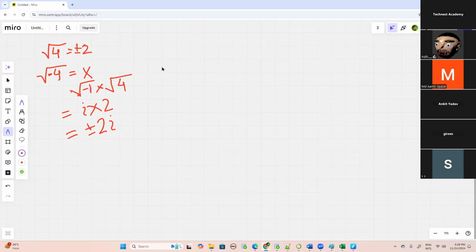Why is this i? Because actually root of -1 doesn't exist. Nobody can find the value of this. It is just an assumption mathematicians have given for the root of -1. Let's denote it by i. Why i? Because actually there is no number in this world which can give you the value of root of -1.